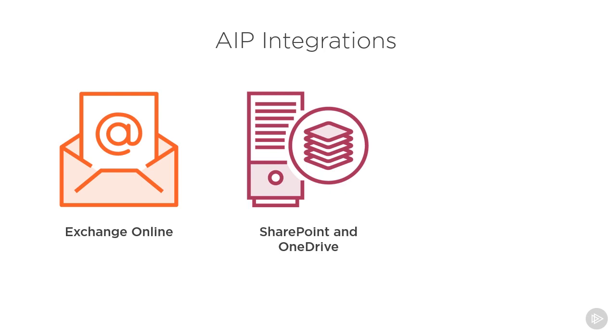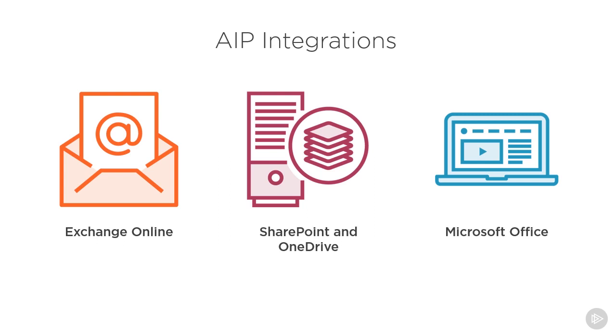Another integration is with SharePoint. So within SharePoint, there are document libraries, and those document libraries can use information rights management to apply protection and labels to documents within that document library. Because OneDrive uses SharePoint, OneDrive can also use those information rights management policies.